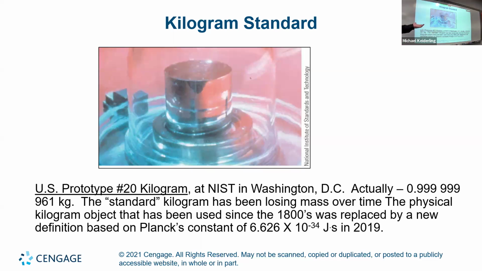And this physical object that had been used since the 1800s was replaced by a new definition based on Planck's constant in 2019. That was a big deal because it was the last of the units to not be defined based on some sort of fundamental aspect of the universe.